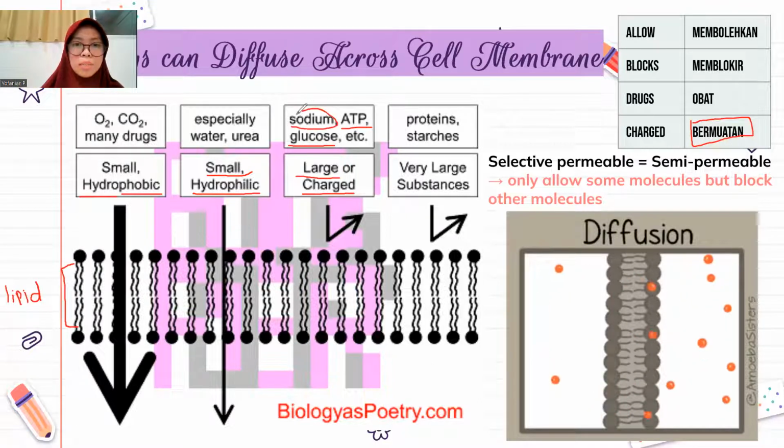For example, sodium is an ion. Next, very large. Of course, if a large molecule cannot pass through, apalagi very large. Of course, they cannot pass through the cell membrane by diffusion. Okay.